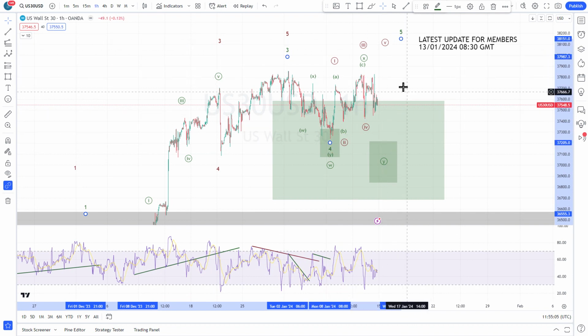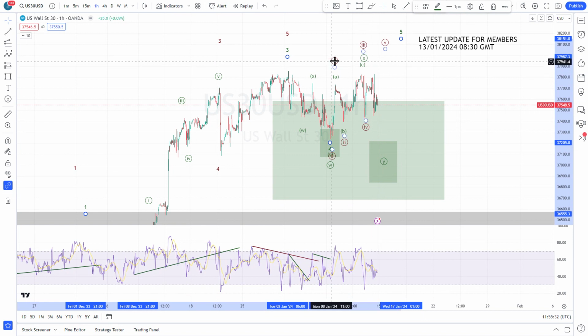But as you can see, this here is not really the nicest structure to count as an impulse, although we did not violate the rules, so there is still a possibility to count it as an impulse. But I would say intuitively this looks more corrective and not like an impulse or a diagonal.